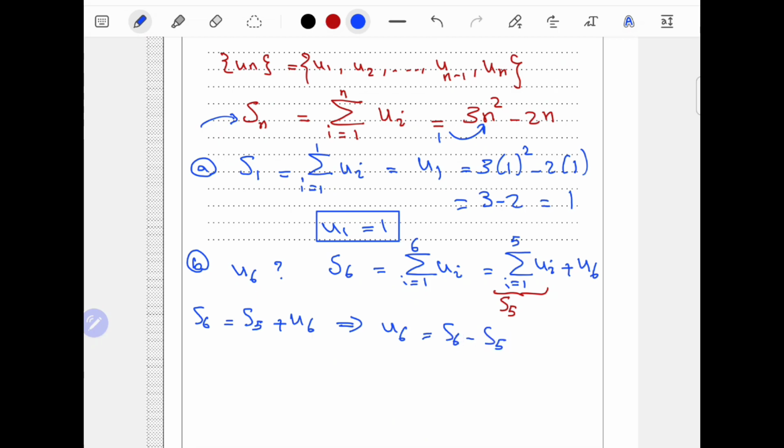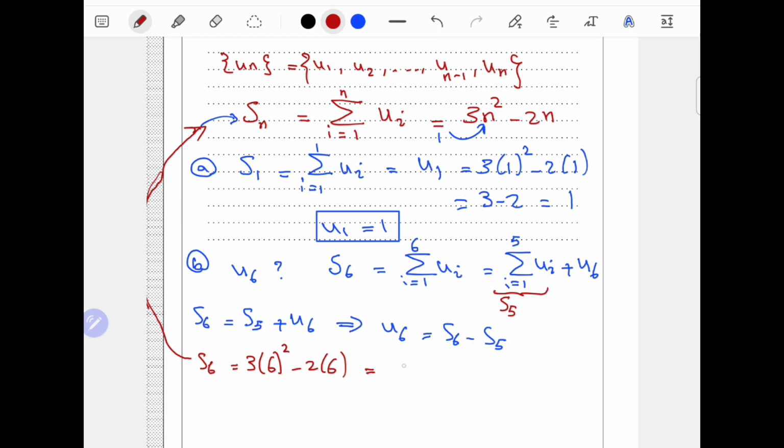But I already have the equation of S, so I know that S6 equal to 3 times 6 squared minus 2 times 6, right? This is simply the equation here.